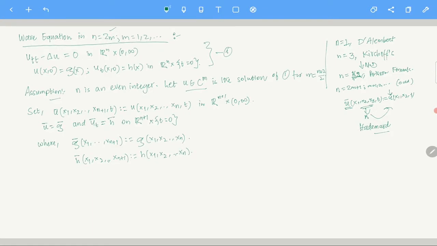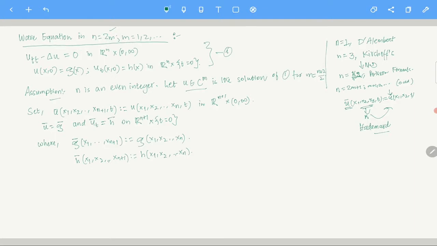So you see, we know already what u is. g and h are given to us. We are defining a new U bar, G bar and H bar using u, g and h, right?